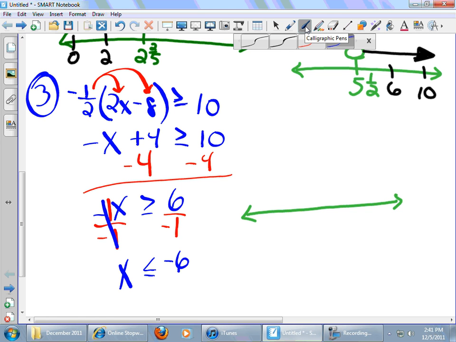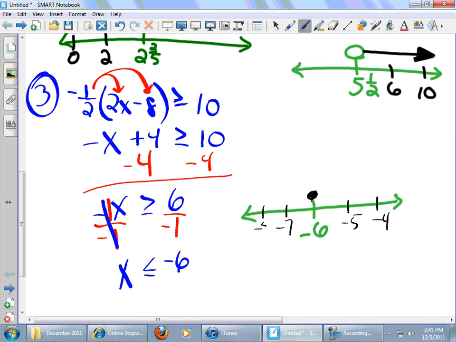All right. Let me see here. I need to show negative 6 on my number line. It's going to be a closed circle because x is less than or equal to negative 6. Now, a lot of you messed this one up, but let's put some numbers on here. Negative 5, negative 4, negative 7, negative 8.